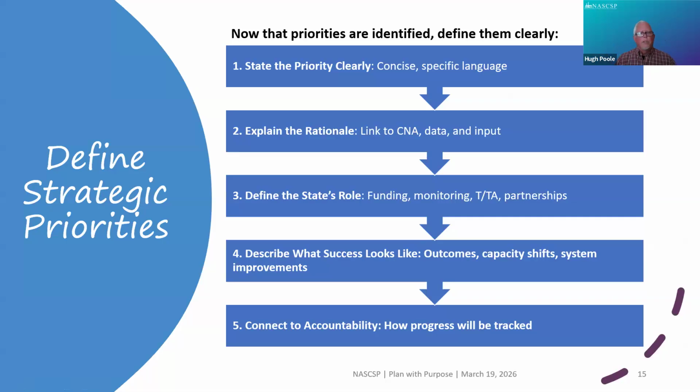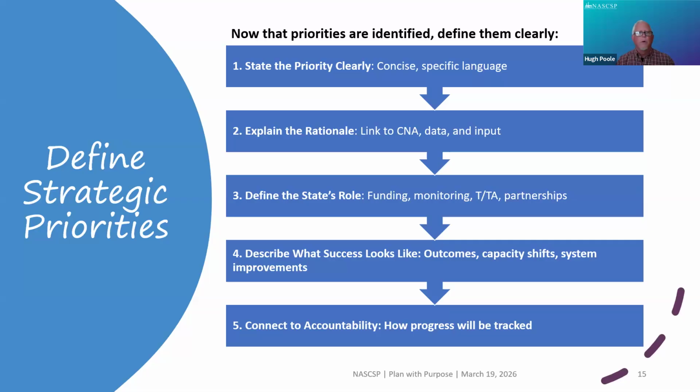So the question becomes, how do you translate those identified themes into some clearly defined priorities within the state plan? Strong state plans will do 5 things when defining priorities.